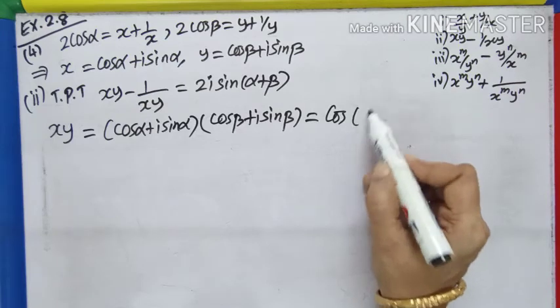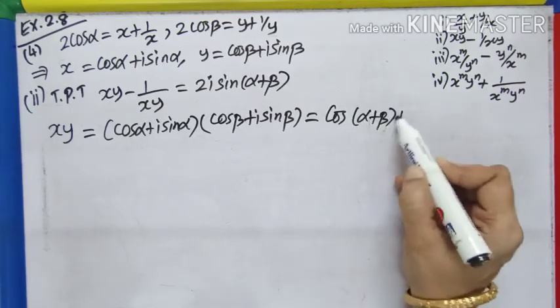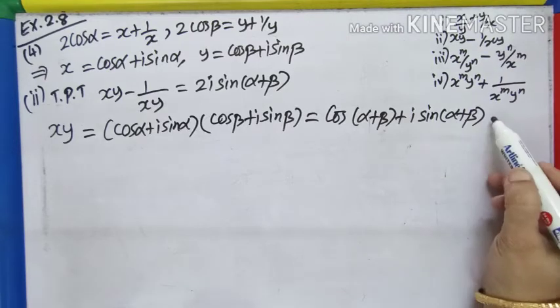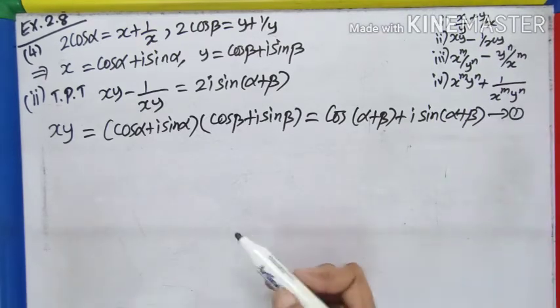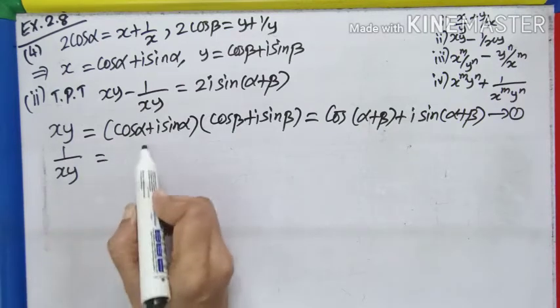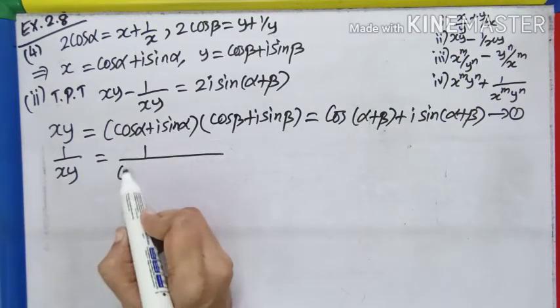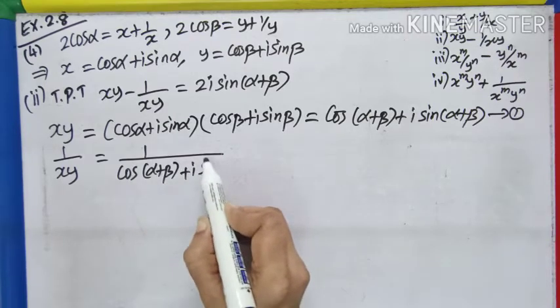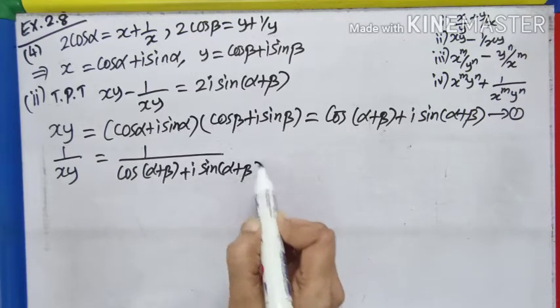So cos alpha plus beta plus i sin alpha plus beta. This is 1. Let me see, I want 1 by xy. That is the reciprocal: 1 by cos alpha plus beta plus i sin alpha plus beta.